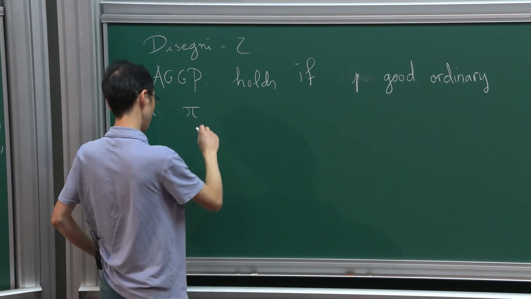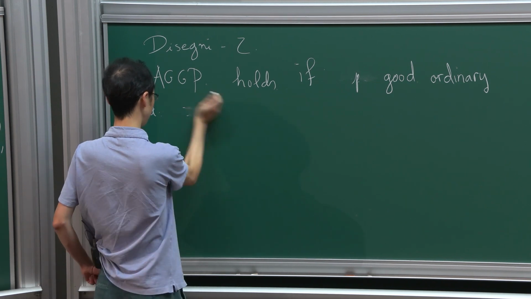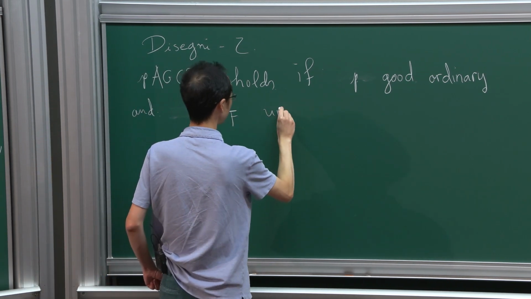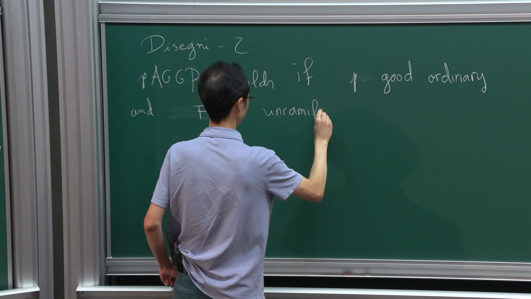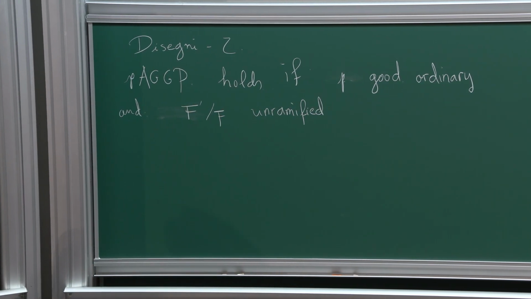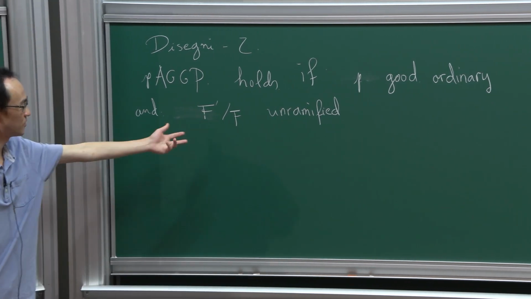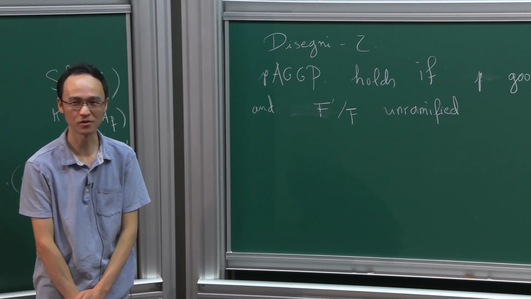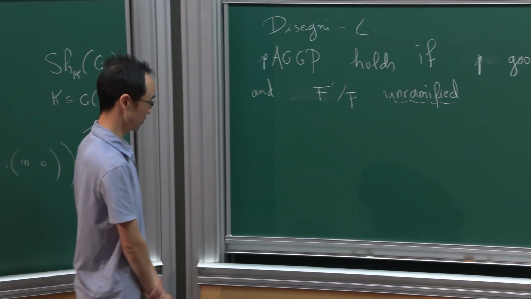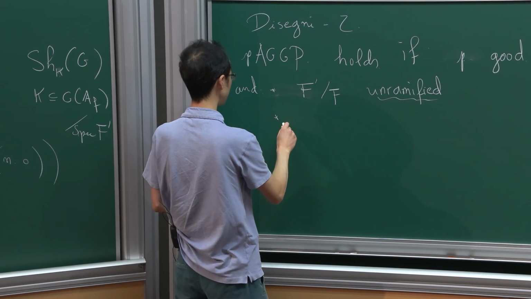The serious condition is placed on the inert places. So the further condition is the following: F'/F needs to be unramified everywhere. In particular, we don't have anything for an imaginary quadratic extension over the rational numbers. We mentioned why this condition is needed, but it is actually slightly more restrictive.